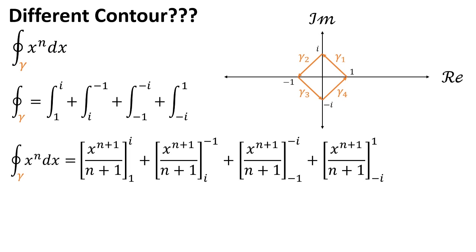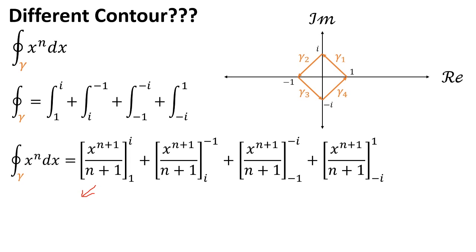And then on our next slide, we can just simply take the antiderivative of x to the n, which is, of course, x to the n plus 1 divided by n plus 1, and then just put the endpoints of the interval on each bracket. And you can see quite easily, when you do the math, let's just do this first one.